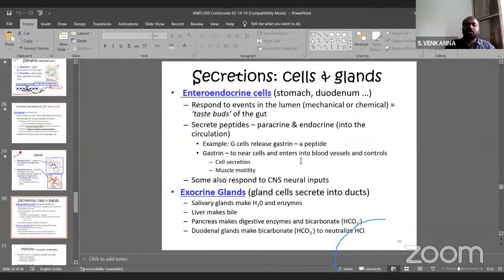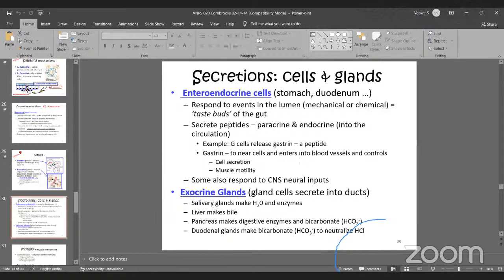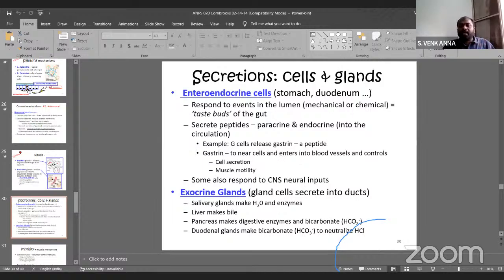Then the next object is exocrine glands. Exocrine gland cells secrete into ducts. Salivary glands make water and enzymes. H2O means water. Then the liver makes bile into bile ducts.